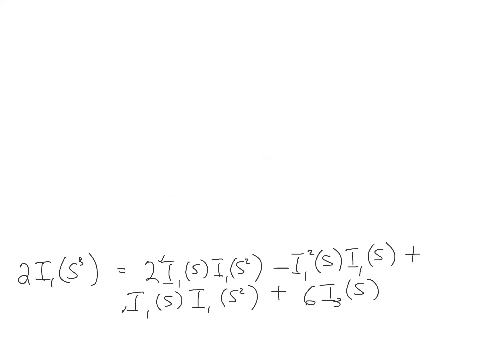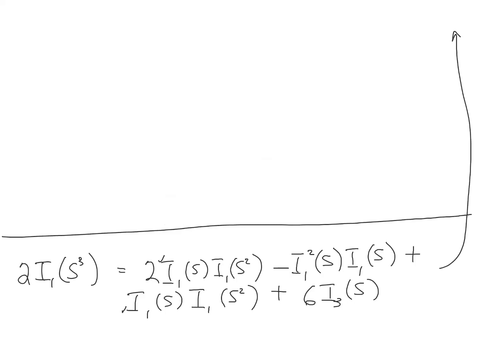Okay, so from this last expression, you see this is where we are coming from. From this last expression, we'll now have 2 first invariant of S cubed. The first and the second to the last term can be added together because there are similar terms there. First invariant of S, first invariant of S squared.